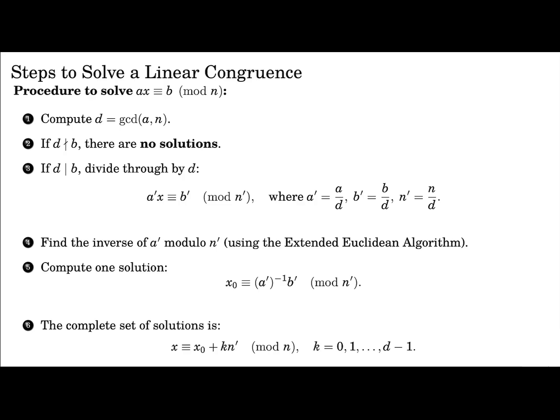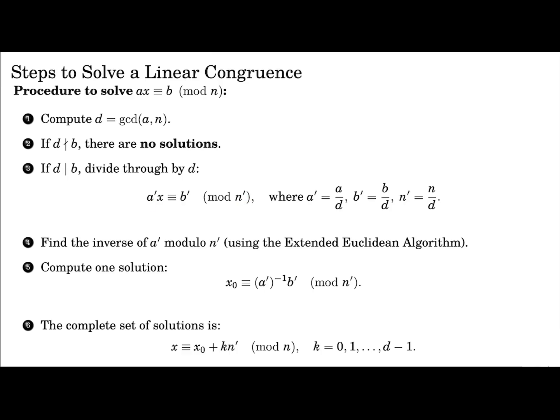So if d divides b, you divide all the numbers here, a, b, and n, by d, and you will get a new system. The important thing is that now a prime and n prime are relatively prime.